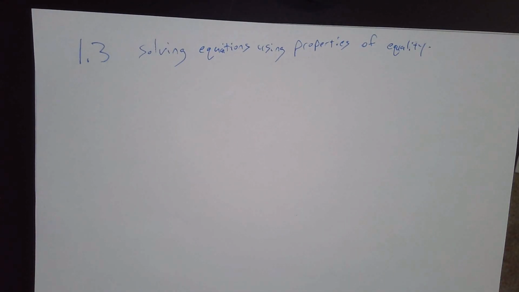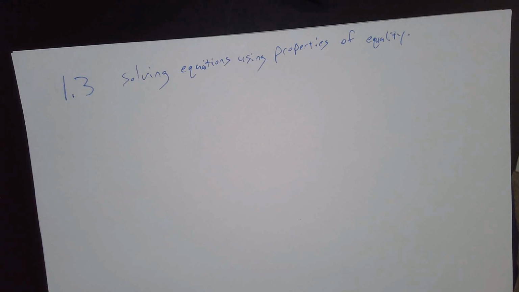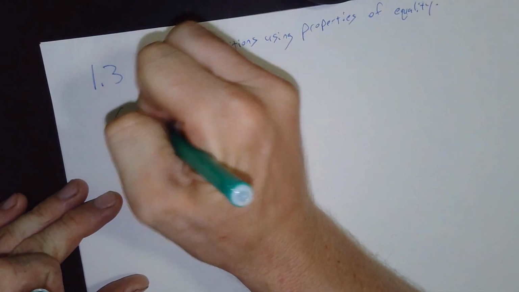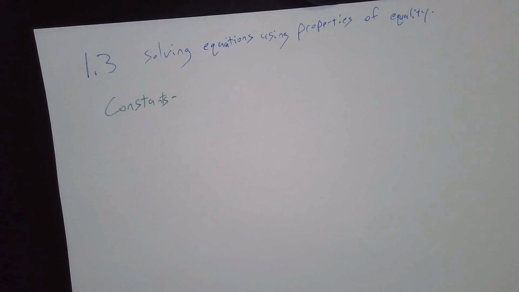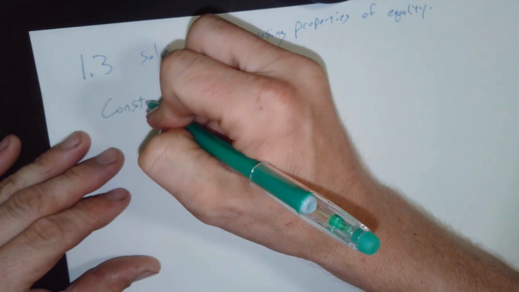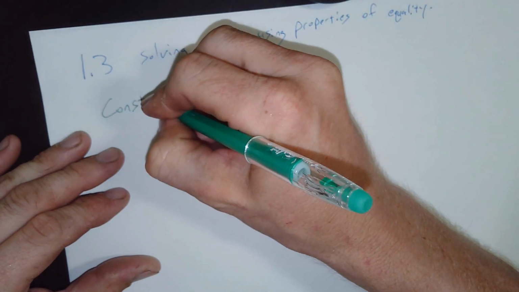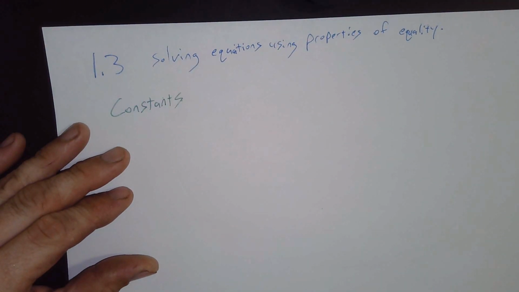So in an equation, there are two types of terms. The first type is your constants. Constants are any real numbers that don't have a variable.